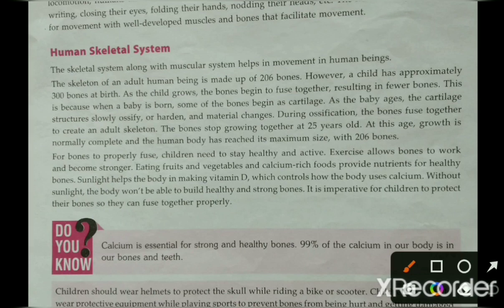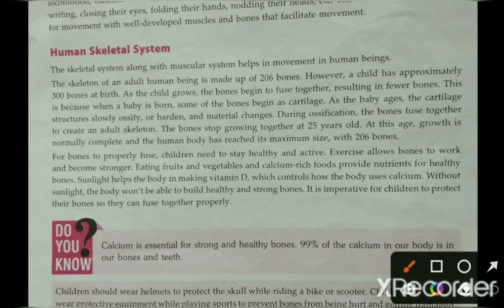So these 300 bones, later, when they are growing into an adult, by the age of 1, will start ossification. During ossification, the bones fuse together to create an adult skeleton. They fuse with each other, and that forms the adult skeleton. This is how the 300 bones are converted into 206 bones.